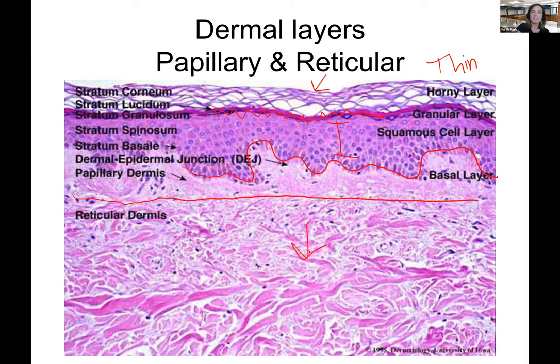So again, remember, this is areolar. It's a loose connective tissue. It is great for having white blood cells being able to move around and patrol. Everything down in the reticular layer is dense, irregular connective tissue. You can see all those collagen fibers in a hodgepodge.